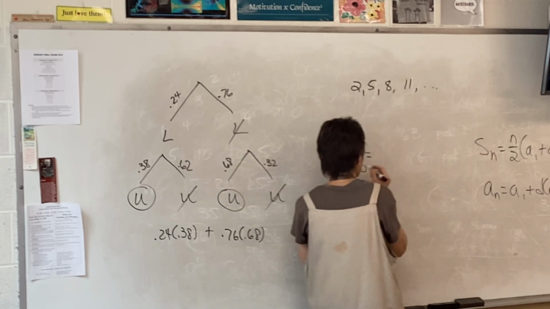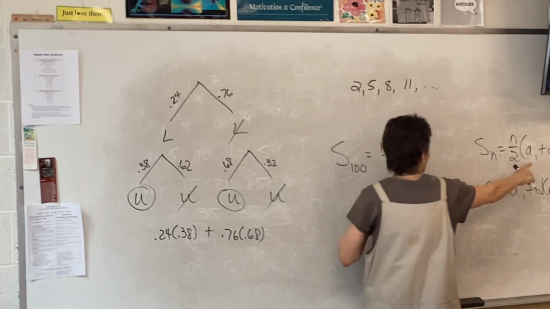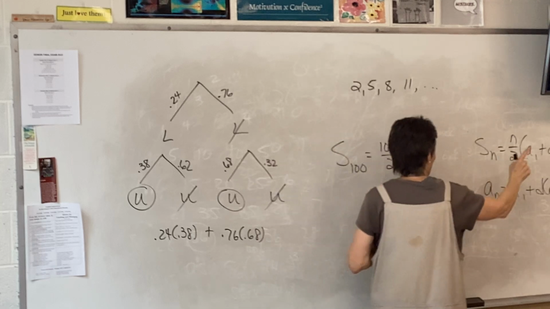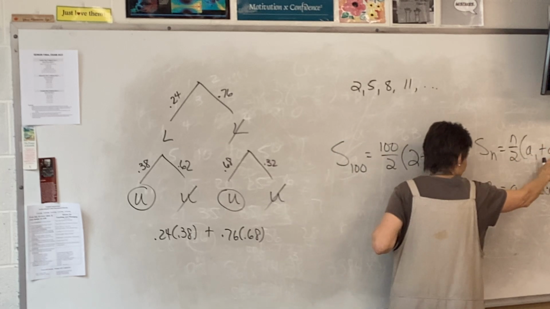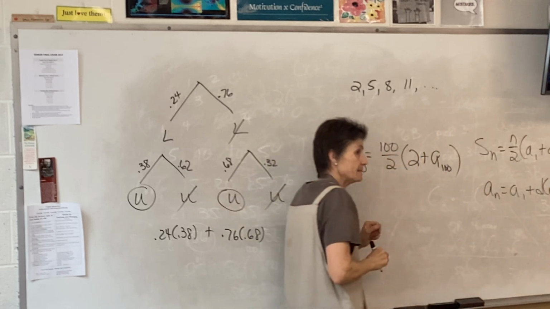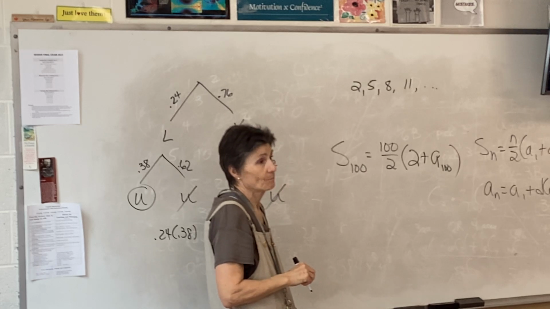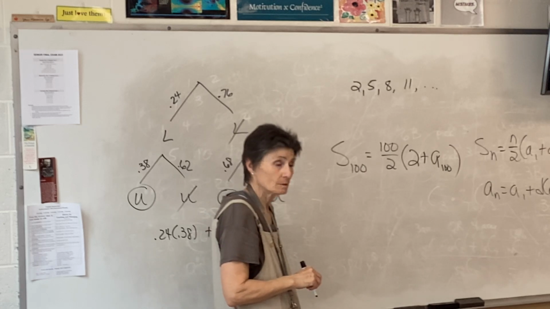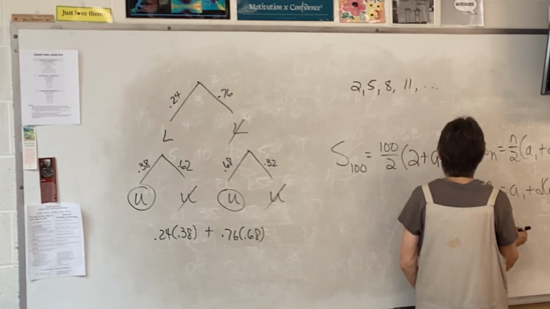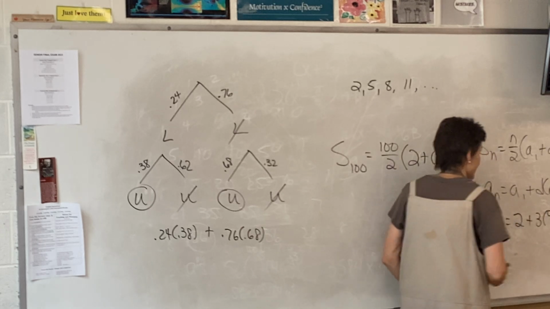So the formula says 100 days is 100 over 2. First term is 2. Uh-oh. What's that? That's the 100th day, and I don't know what that is. So what do I do? Use the other one. The 100th day is the first day plus the common difference times 99.